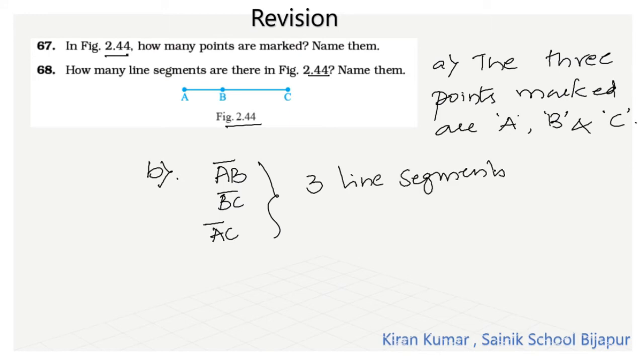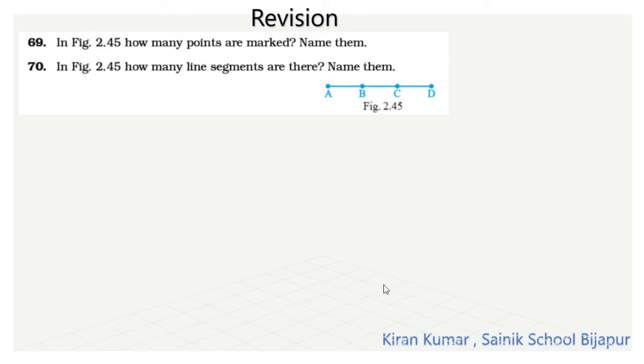Now we have question number 69 and 70 taken together since they have the same figure. How many points are marked and how many line segments are there? If you observe, there are 4 points and there will be 8 line segments.